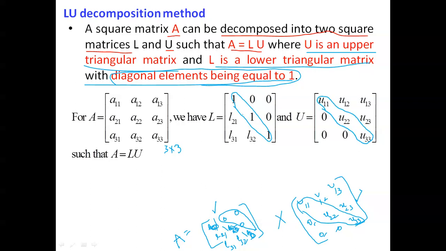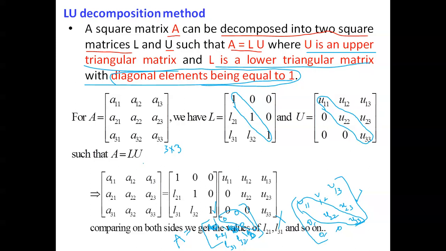In the lower triangular matrix, the elements above the diagonal are 0, such that A equals LU. So the given matrix A can be decomposed into the product of two square matrices L and U.